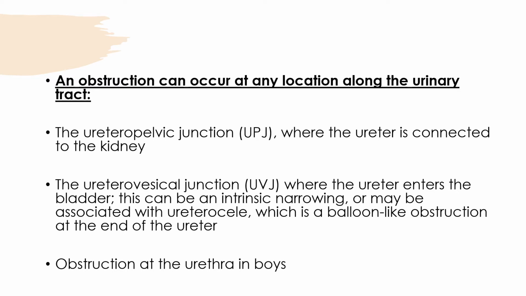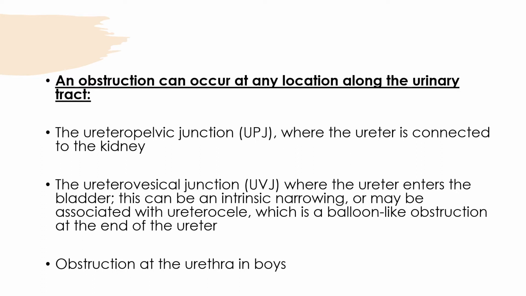So these areas, the UPJ and the UVJ, can be very common areas for where obstructions can happen, especially stones, because there's a type of narrowing at the UPJ and the UVJ. So that can be a common area for obstruction.